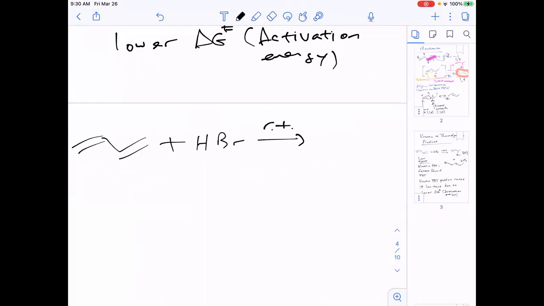So warm it up to room temperature, and you'll see a shift in the product distribution.